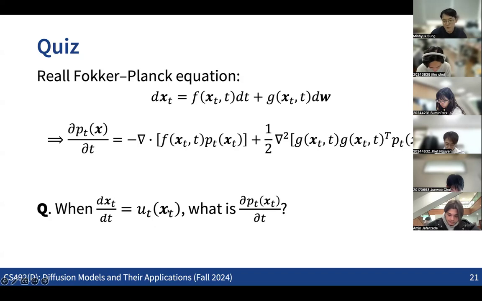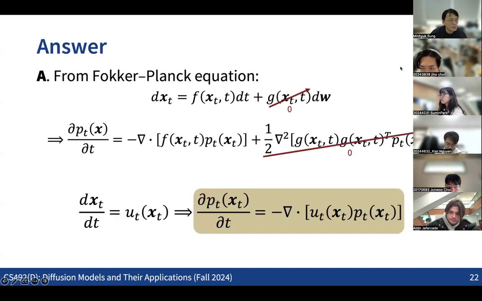So actually the answer for this is quite simple. This is really showing the connection between the SDE and the ODE here. But the formulation that we are seeing is a special case when the G function here is basically zero. So when the input is the ODE, we can consider canceling this out.